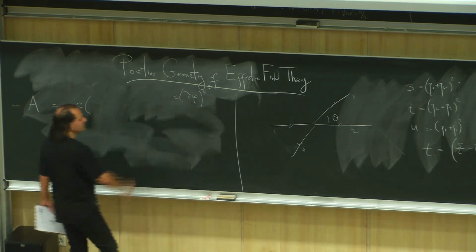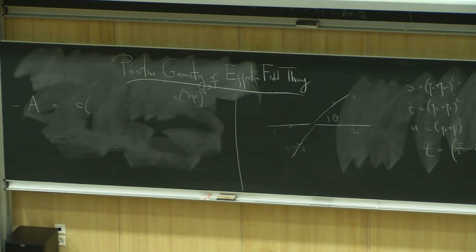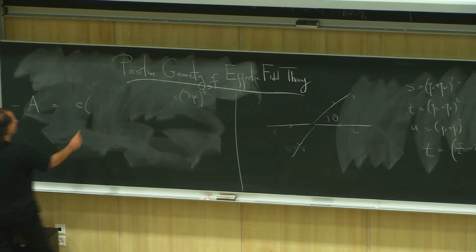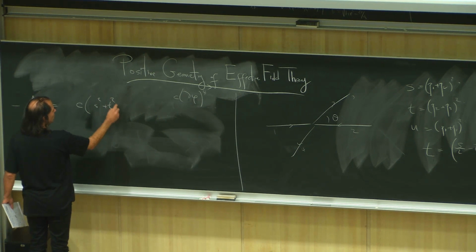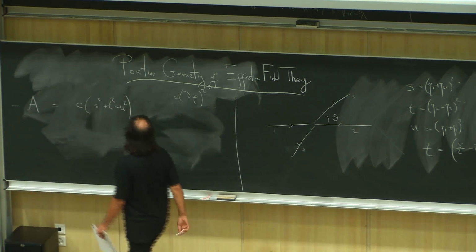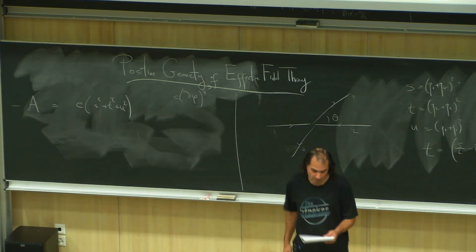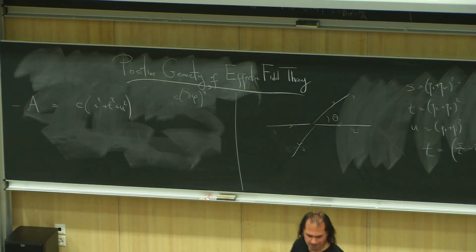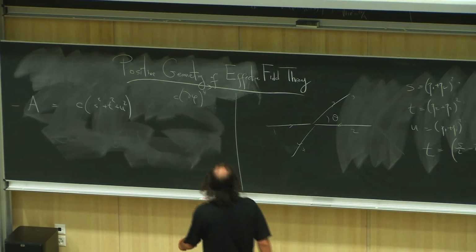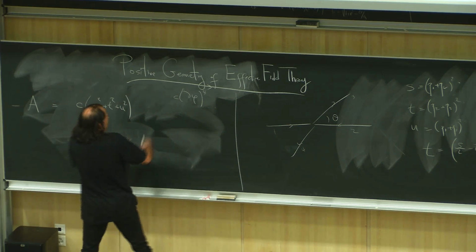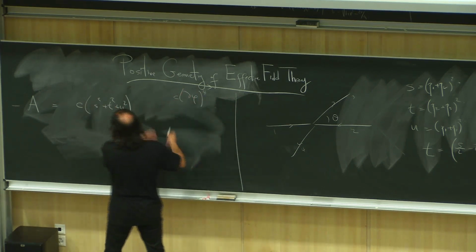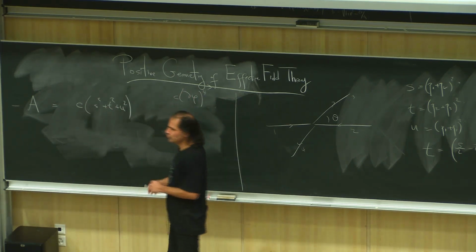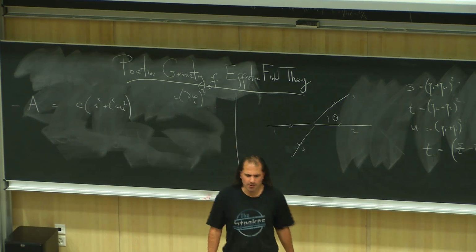There are 4 derivatives there, so this is going to be something quadratic in S, T, and U. It's going to look like C times (S squared plus T squared plus U squared) if I just have a single scalar field with a shift symmetry. Most naively, you take that operator, and the Feynman rule associated with it would just give you that low energy amplitude.